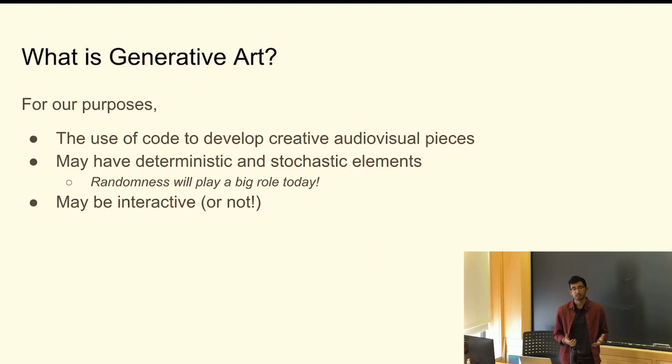But stochastic elements, elements of randomness, are also going to play a really important role in our toolkit, just because they open up so many possibilities to have a lot of fun with generative art. And as we'll see later today, randomness is going to play a really big role in creating basic pieces that help you get a grasp of what generative art is.